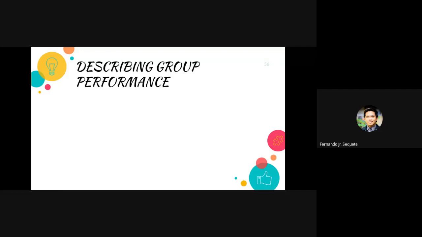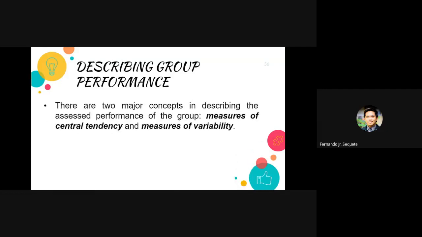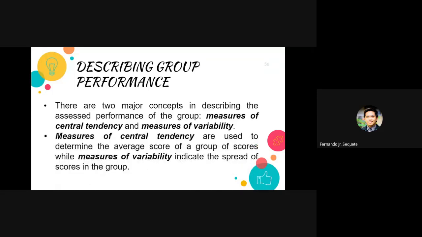Okay, let's try to recap. Remember that we have two major concepts in describing the assessed performance of the group: measures of central tendency and measures of variability. Please tell me if the screen is not visible.